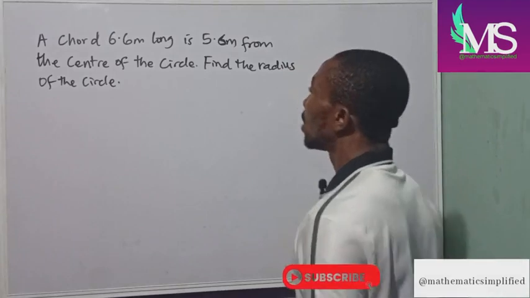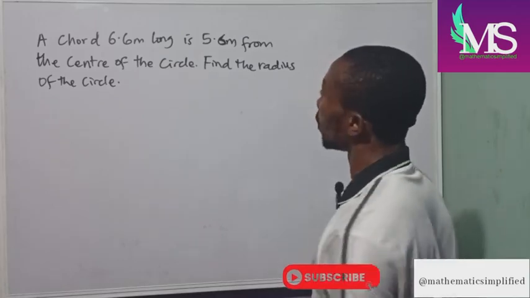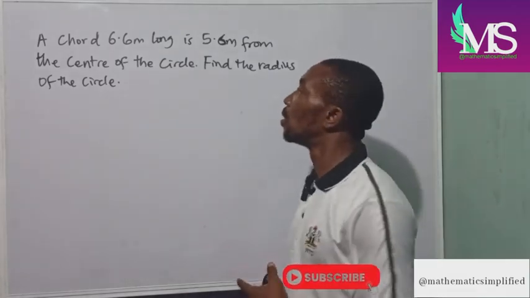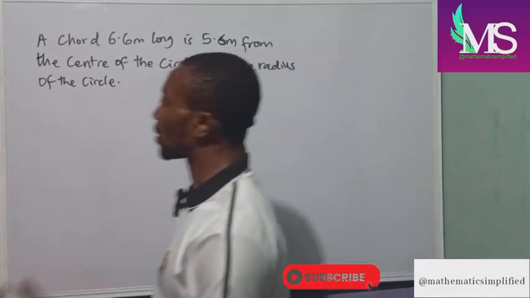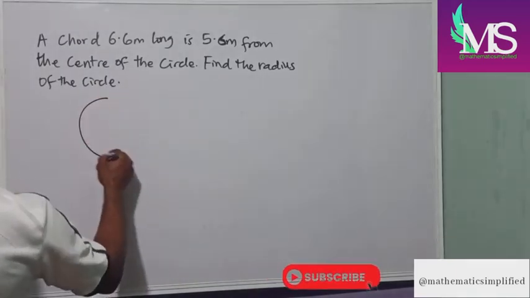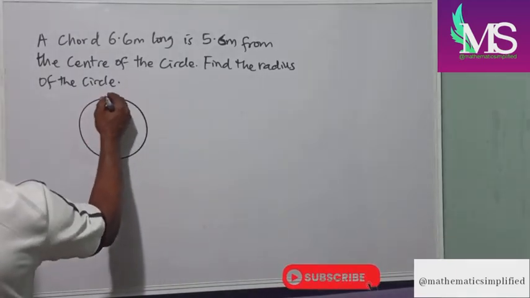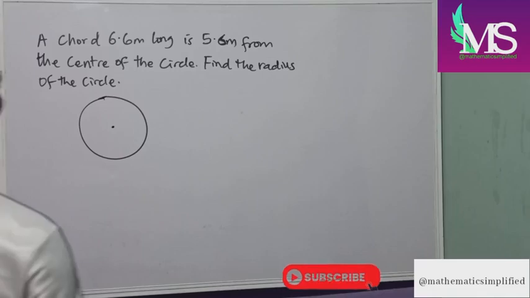A chord 6.6 meters long is 5.6 meters from the center of the circle. Now find the radius of the circle. Representing this in a diagram, we have a circle, and this is the center.